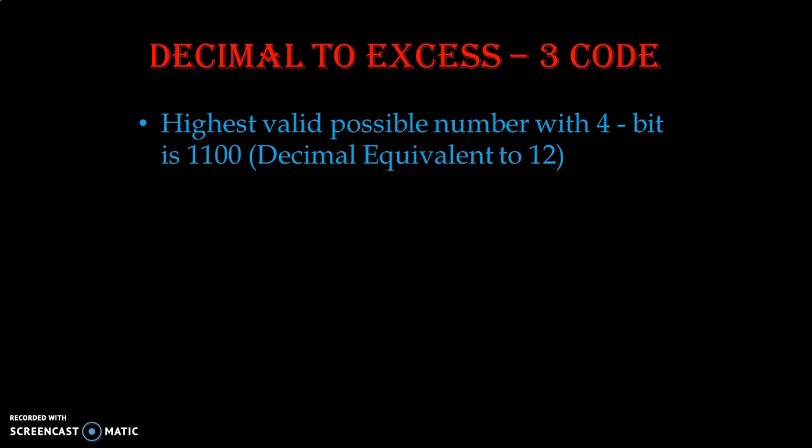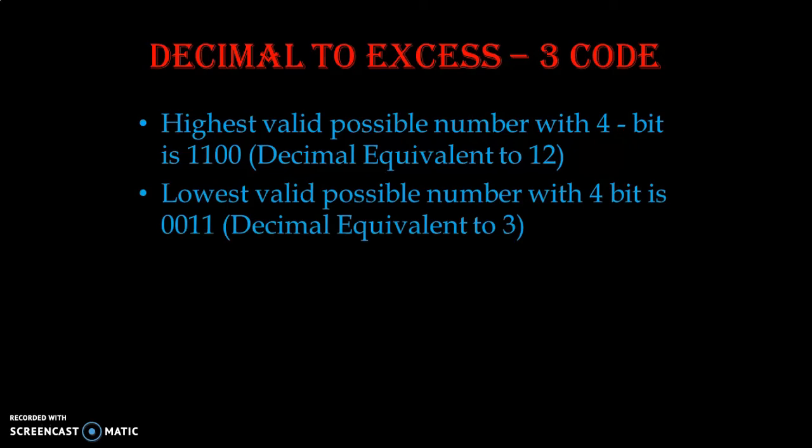In normal BCD, 12 may not be possible, but in XS3, 12 is the highest valid number. In the same way, the lowest valid number with 4 bits is 0011, equivalent to decimal 3, because when we take decimal 0, we also add 3.